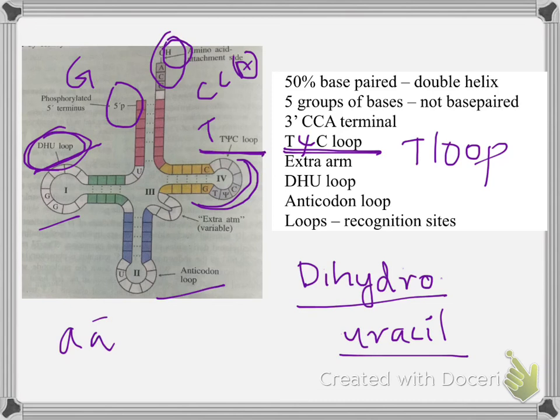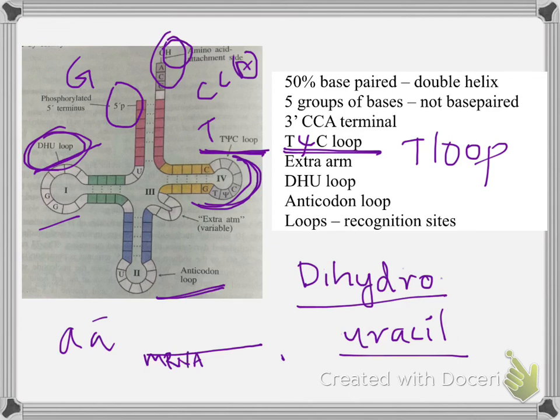In the T loop, thymine, pseudouridine and cytosine are present. So the name is T psi C loop or T loop. And this is the ribosome recognition site. Next is the anticodon loop, which contains the anticodon corresponding to the codons of the mRNA.